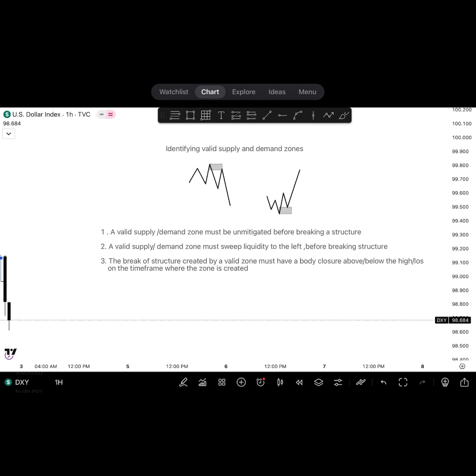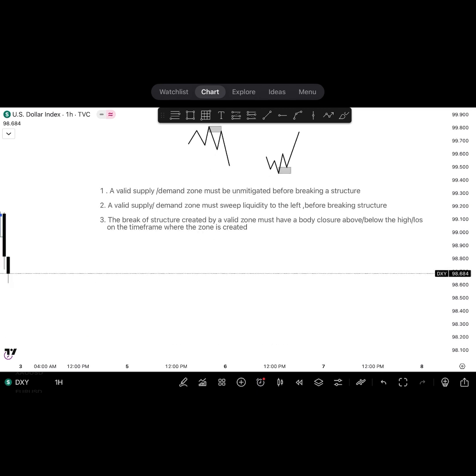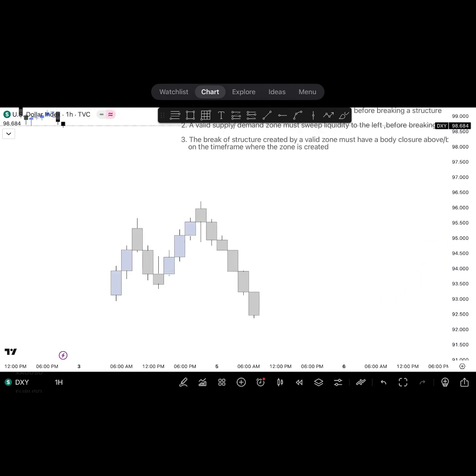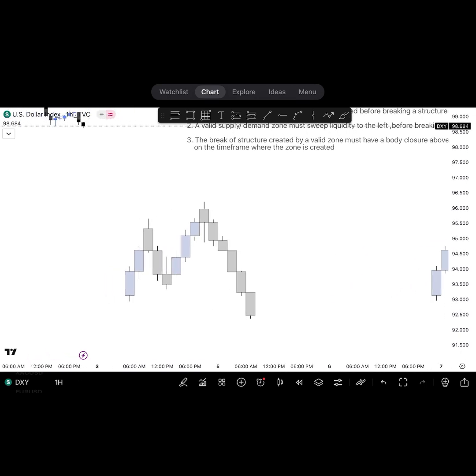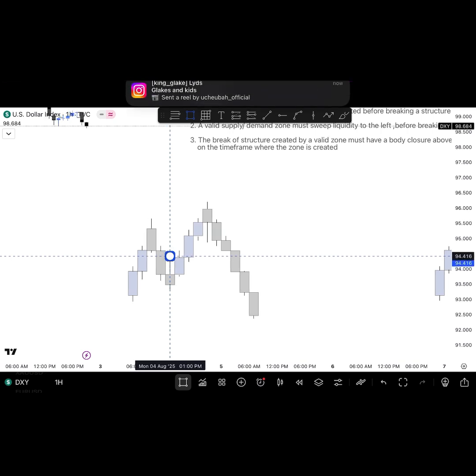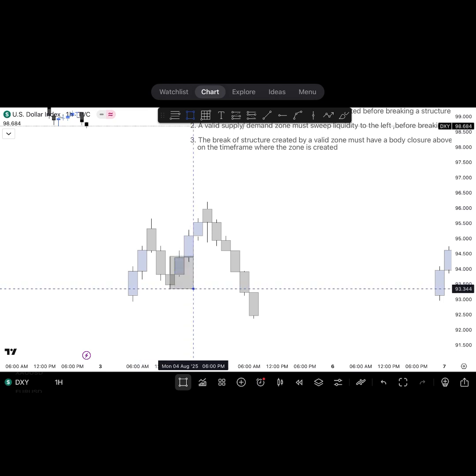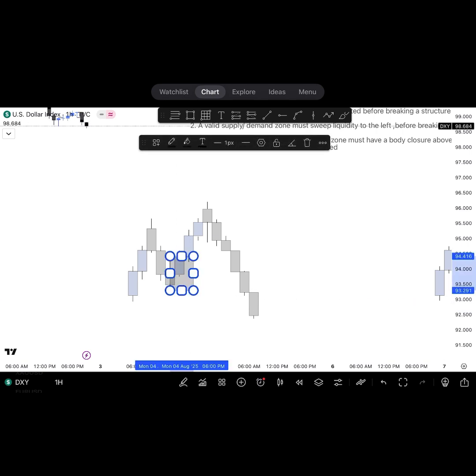Good. So now let us go to a quick schematic of all that I've just said. Let's move down here. Look at this first diagram right here. What do you notice? This particular demand, you notice that price has already used this. Price has used that demand, it has mitigated it, right? This first candle has already been mitigated by this third candle.